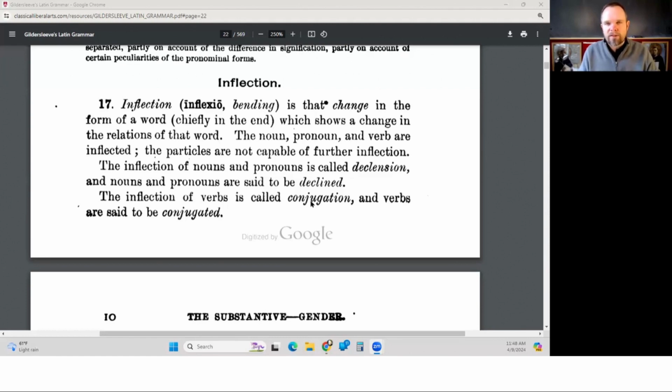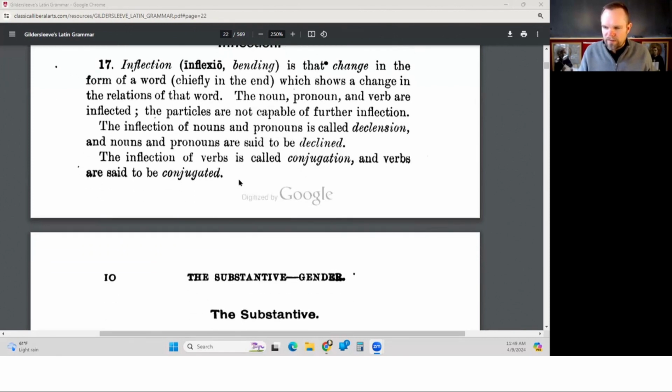It means give the inflection of this noun or pronoun. And then if I talked about verbs, I would say conjugate the verb amo, like we saw above. Conjugate the verb laudo, and so on. All right, so conjugate simply means to inflect or give the inflection of verbs. Decline means to give the inflection of nouns or pronouns. All right, so there's inflection and then two kinds of inflection, declension and conjugation. Don't let those words confuse you.